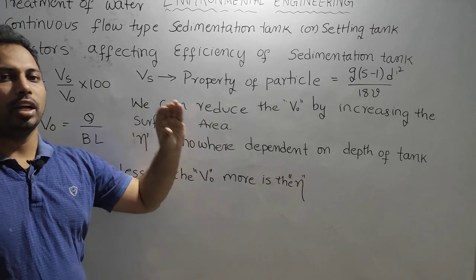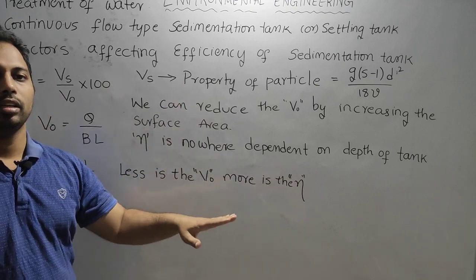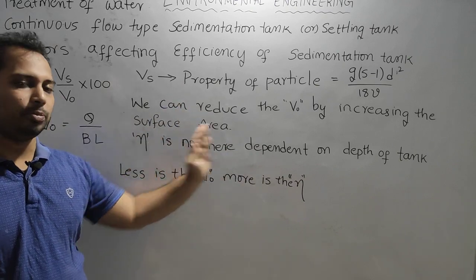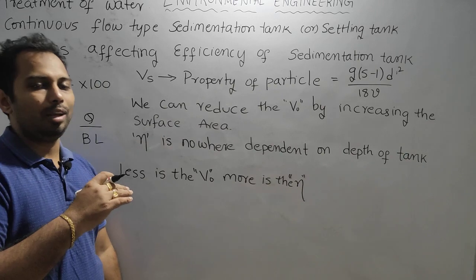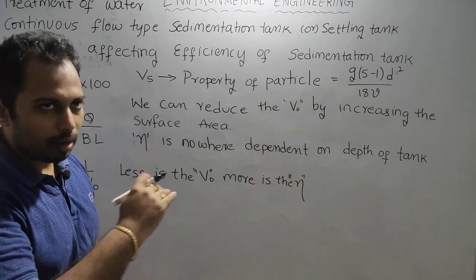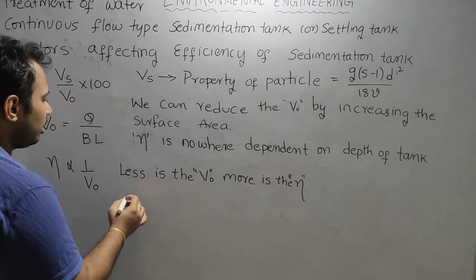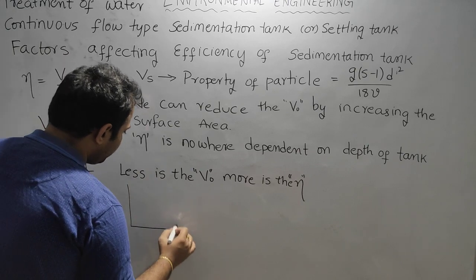Whatever depth of the tank you keep, if proper surface area is provided, then the particle will settle. Otherwise the particle will not settle. So, to increase the surface area, we make the sedimentation tank into different compartments. For example, this was the earlier sedimentation tank.